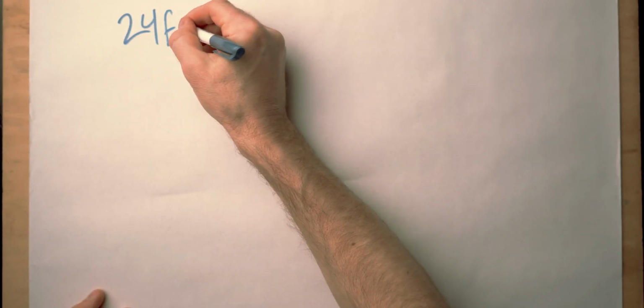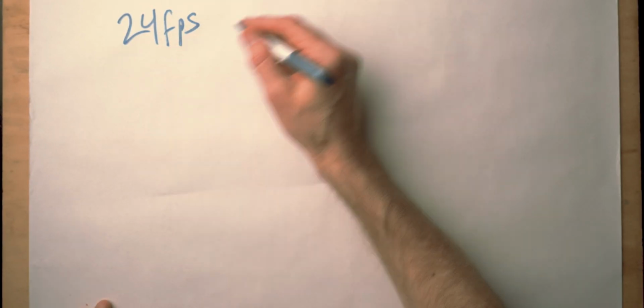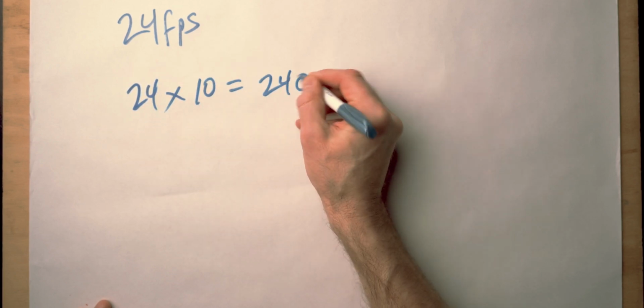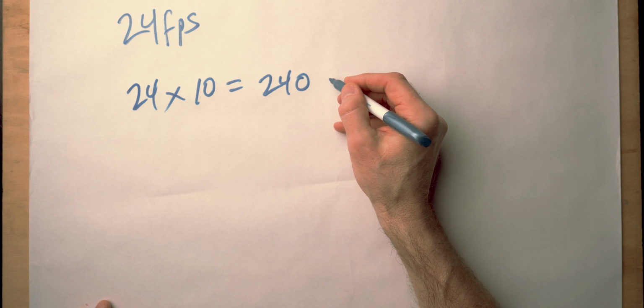Okay, let's keep this super simple, shall we? Assuming you have a 24 frame per second timeline and you want a 10-second time lapse, that's 24 times 10 equals 240 frames that you need for your time lapse.